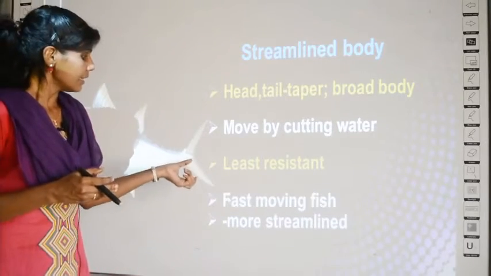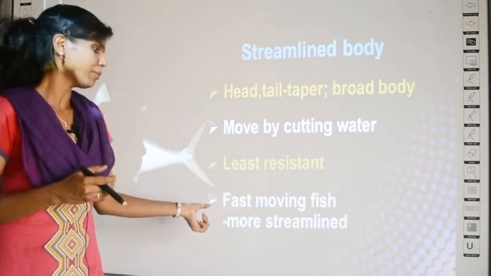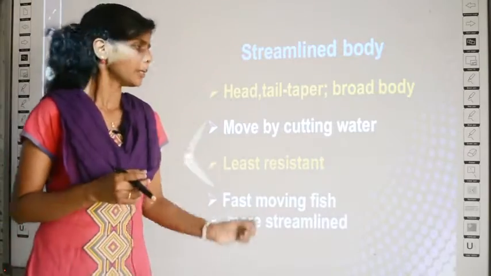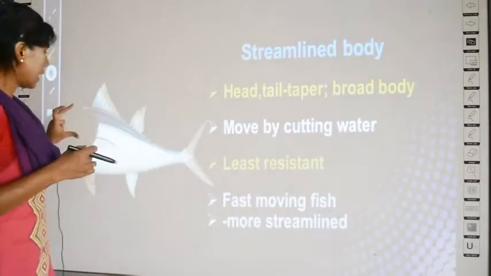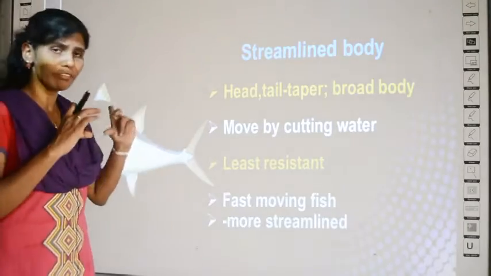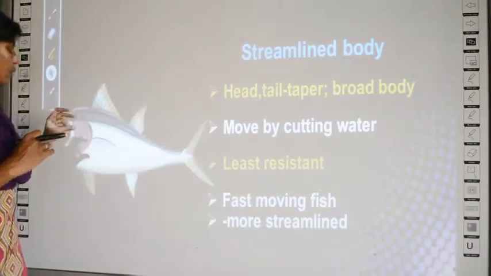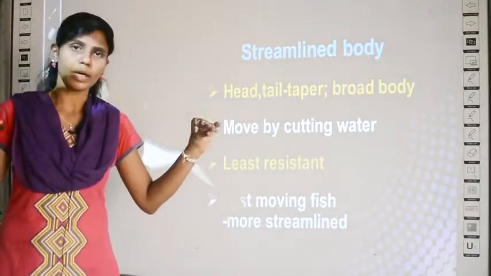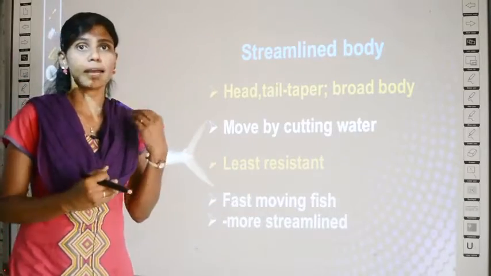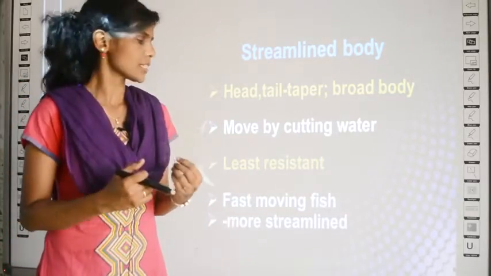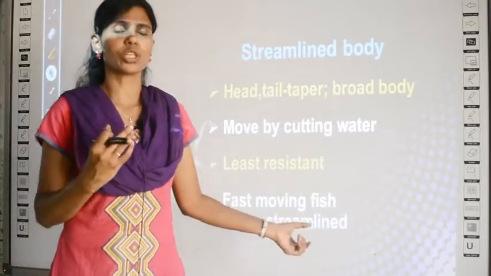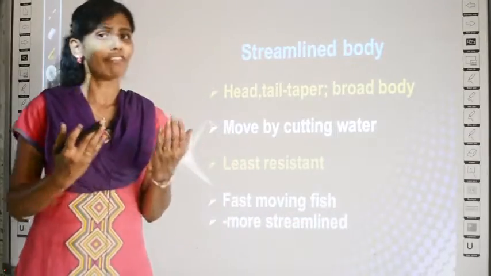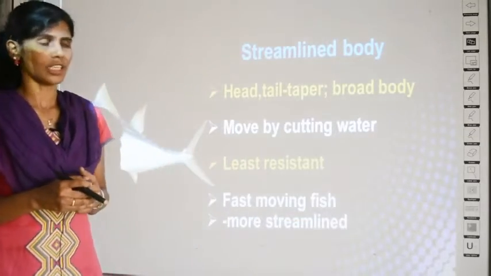And then fast moving fishes have more streamlined structures. The more they are tapered like this, it is a streamlined structure. Now if the tail and the head portion is more tapered, then those types of fishes can move about very fast. More streamlined structure will give very faster movement for the fishes. Clear?